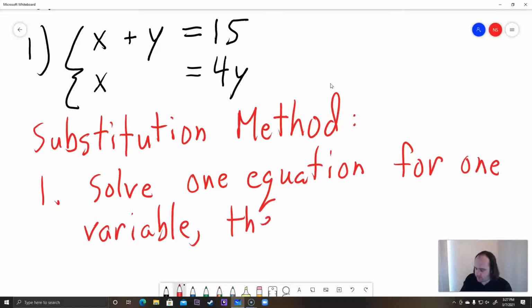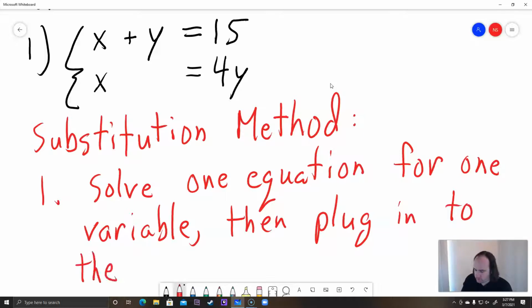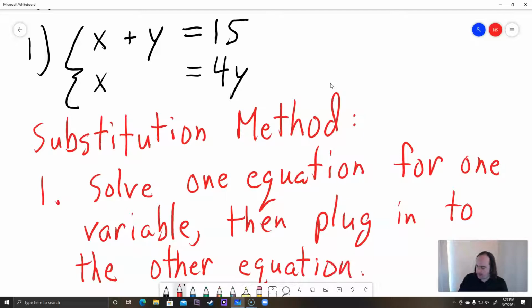And then plug in to the other equation. When I say plug in, I mean plug in the expression that you have. That's the first step of the substitution method.